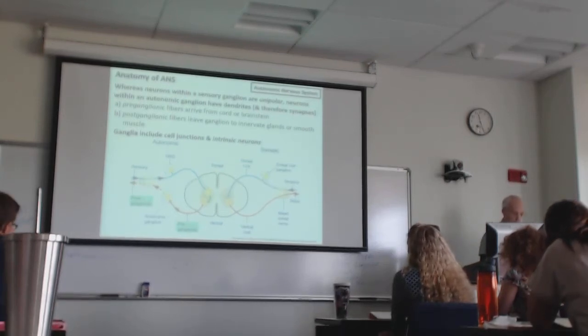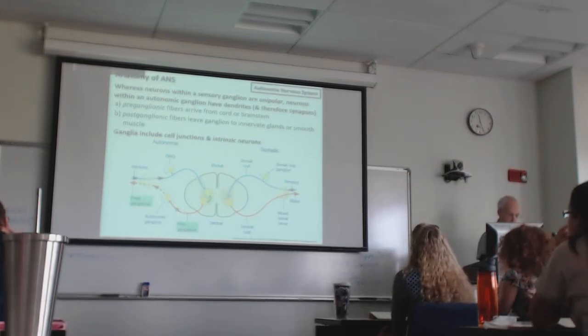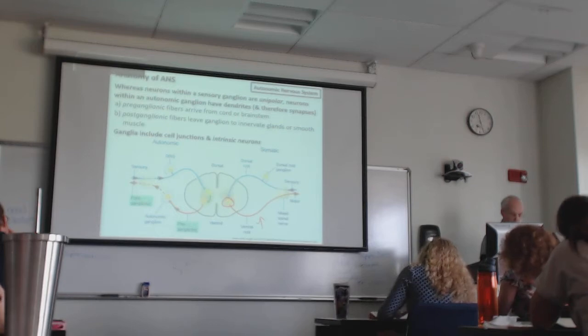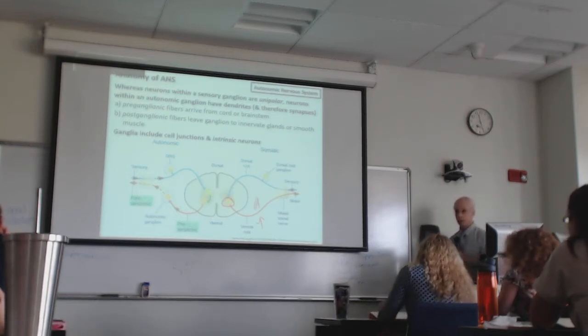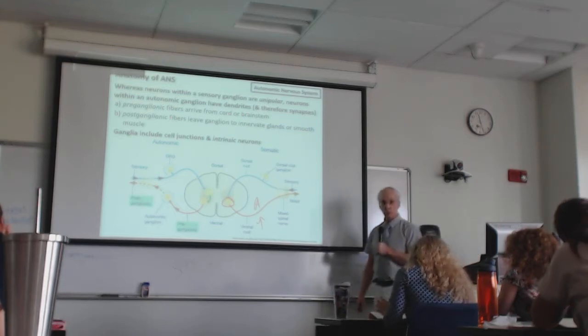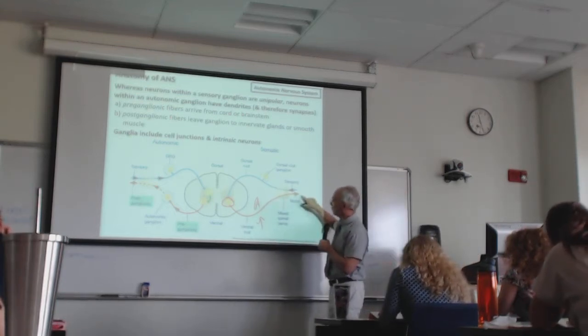We know the spinal cord here. We can see the gray matter of the cord here. Let's look at this pathway right here, and begin with this one. What type of pathway is this? We'll call it A. It's a motor pathway with one neuron between the cord and the skeletal muscle.